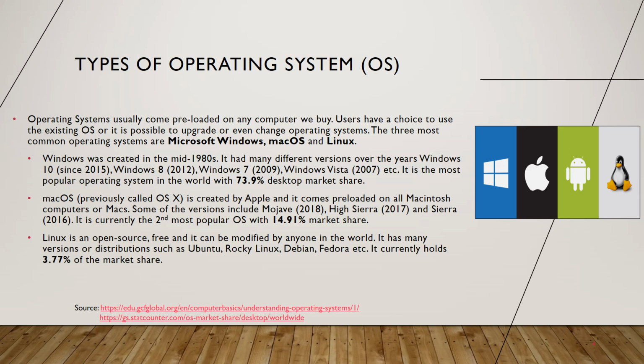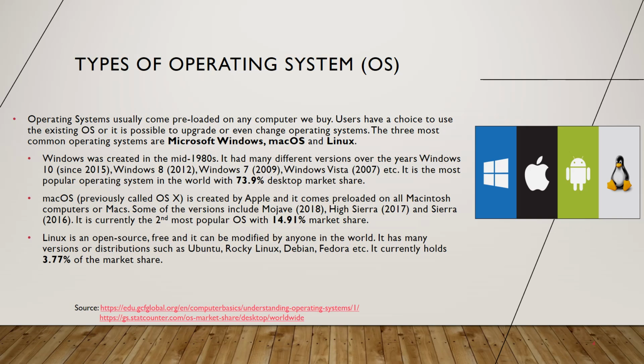I personally started using Windows XP. I believe that was sometime in the early 2000s, when I started getting to know the Windows operating system. And Windows is the most popular operating system. It dominates the market with 73.9% desktop market share.